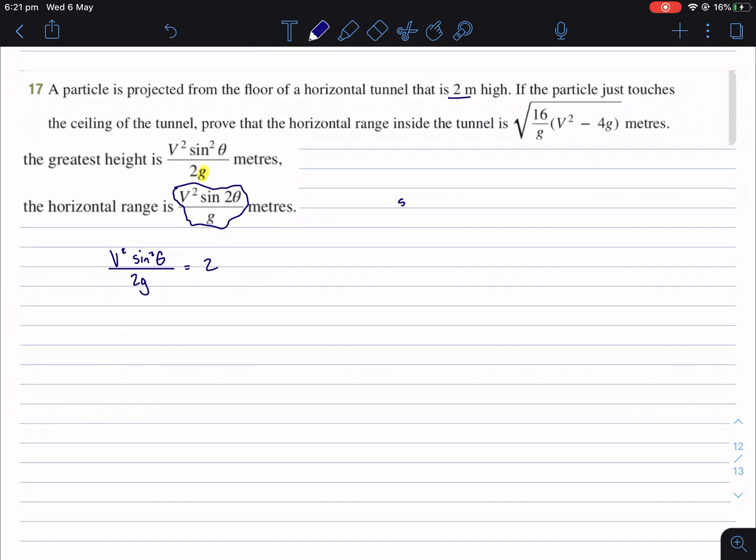Well, I know sine 2 theta is 2 sine theta cos theta. So I've got v squared times 2 sine theta cos theta over g. Okay.